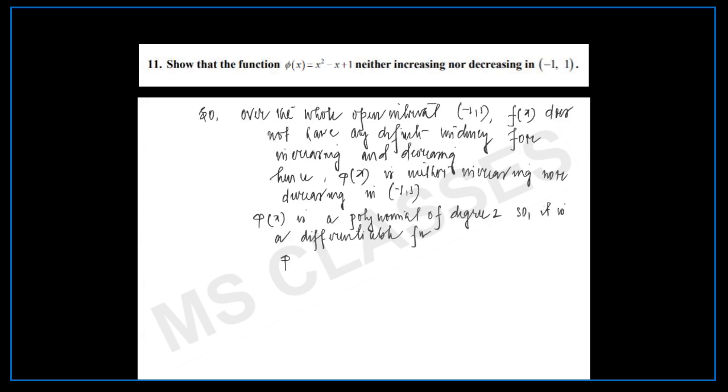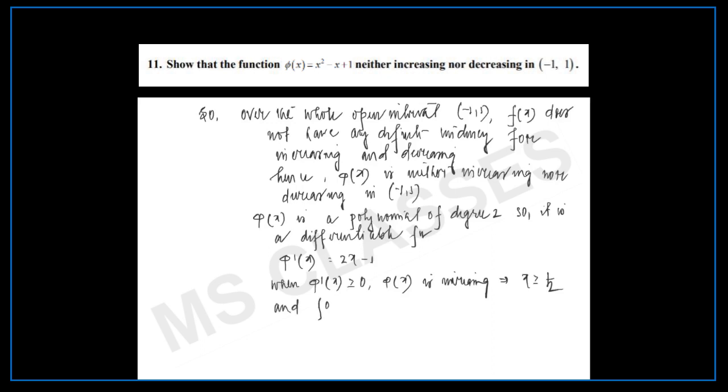Now phi dash x is 2x minus 1. When phi dash x is greater than or equal to 0, phi x is increasing, which is for x greater than or equal to 1/2.